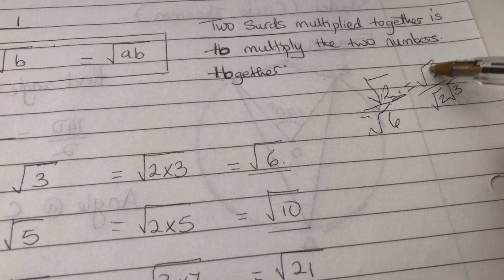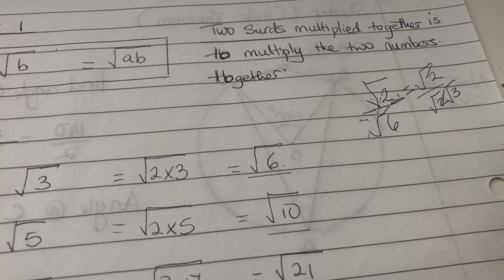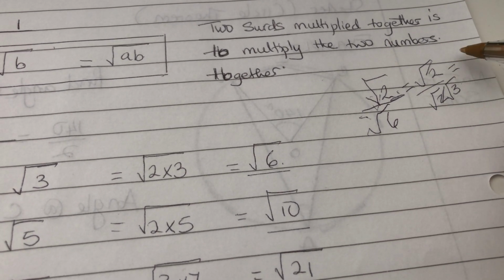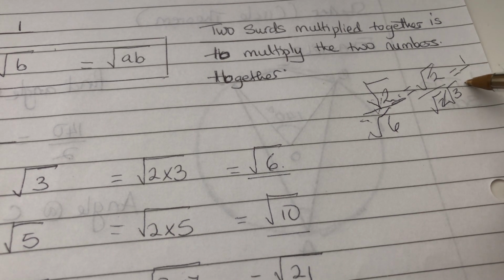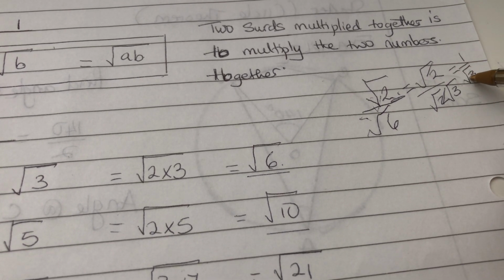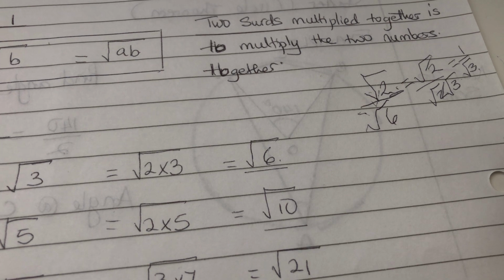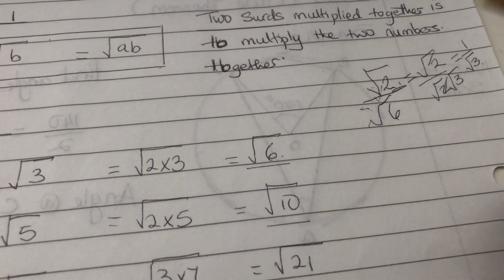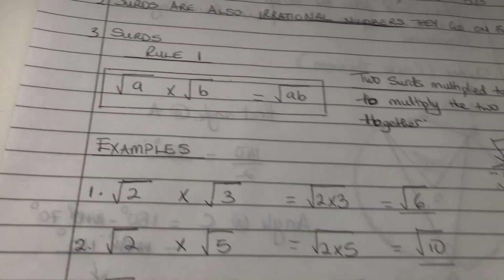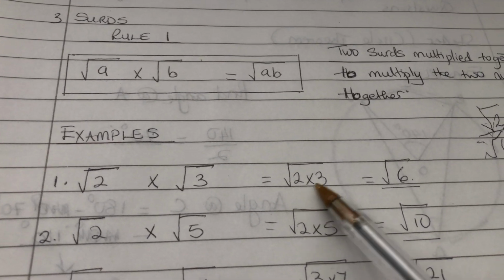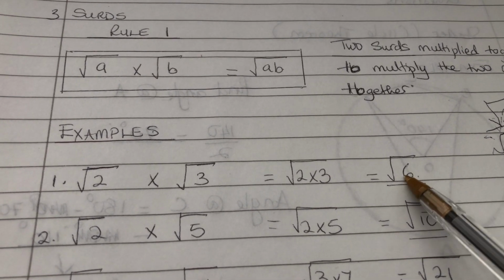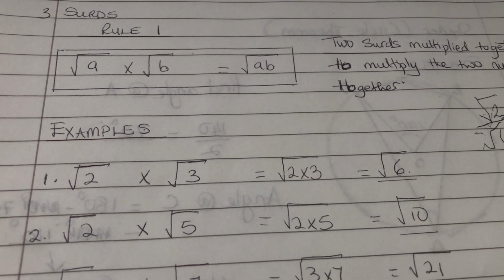So this root 2 can cancel. Then my answer becomes 1 over root of 3. Otherwise, it will be difficult to simplify. So that's why I said root 2 times root 3 is root 6. But the reverse is also true.